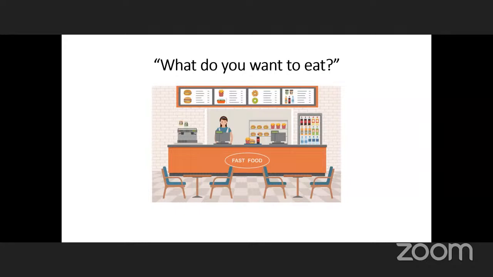Mariuxi, tell me. Sería I will go to eat a hamburger. Omítele going. I will eat. I will eat. I will eat a hamburger.